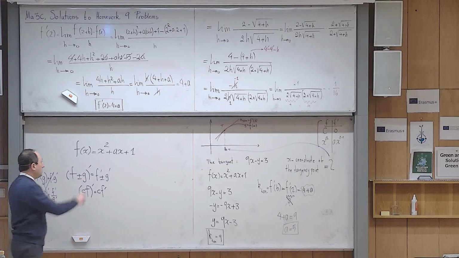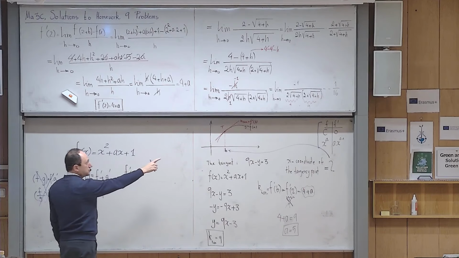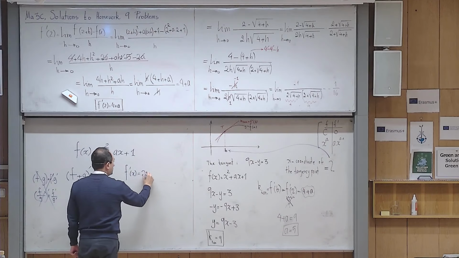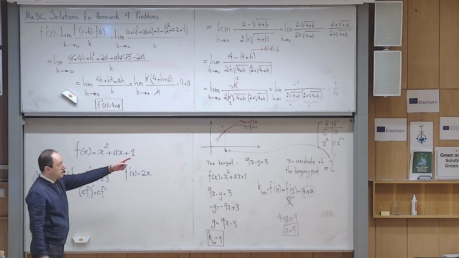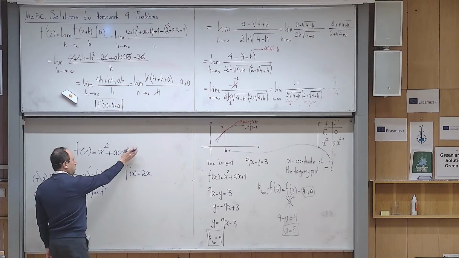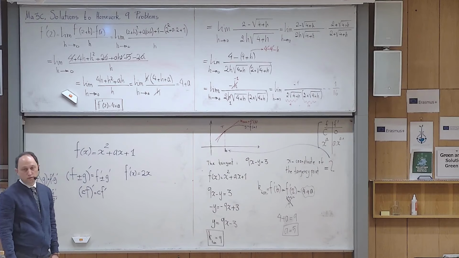Okay, now if I ask you what is the derivative of this function, the derivative of x squared uses that formula, it becomes 2x. The derivative of 1 is the constant number 0, so I don't need to bother. But what is the derivative of ax? What is the derivative of ax?